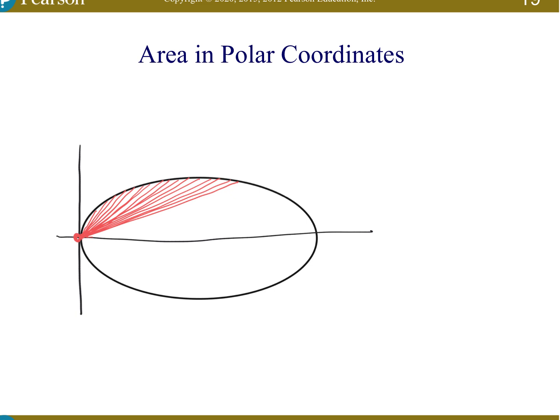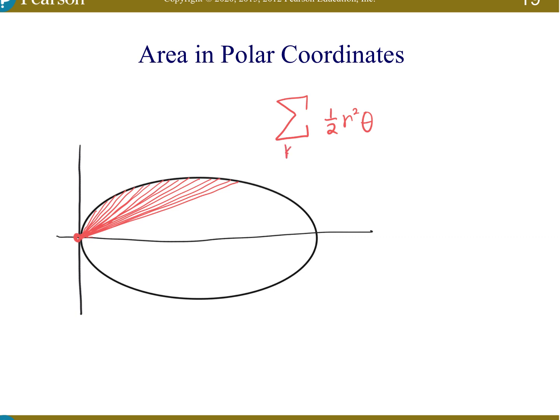So what we're doing is we're taking one sector. Remember, one sector is 1/2 r squared theta. That's one sector. We're adding up all the sectors, so we use sigma.